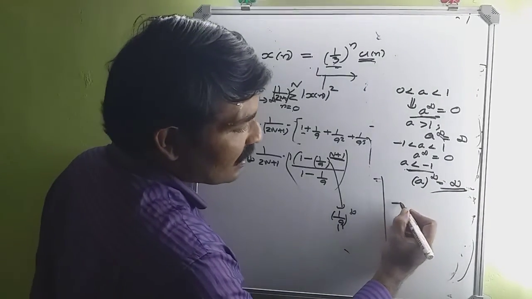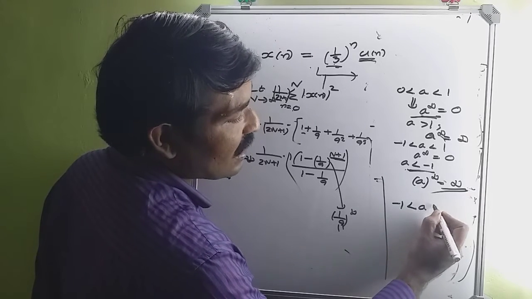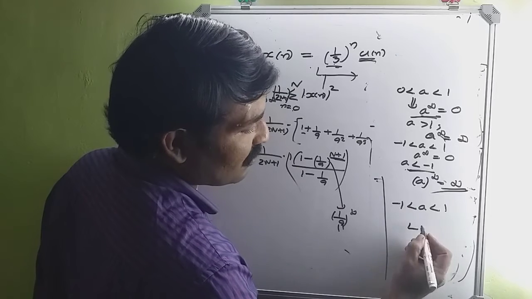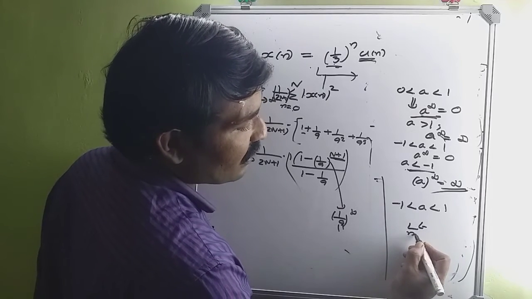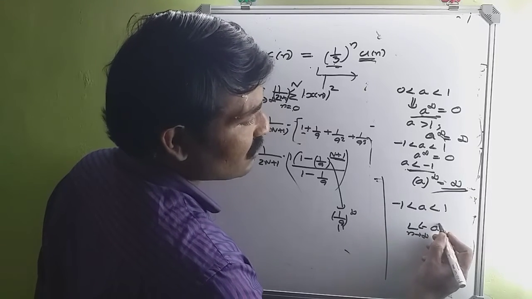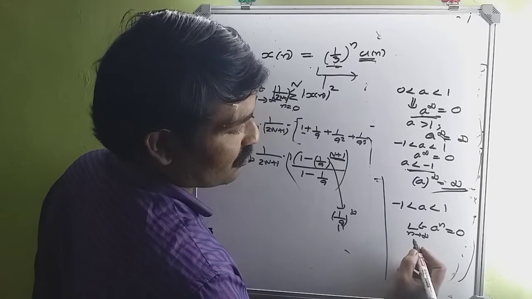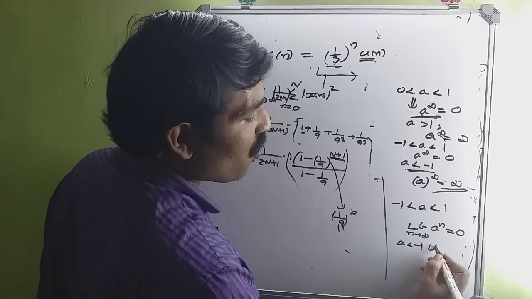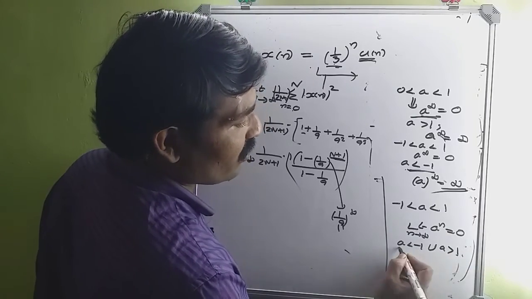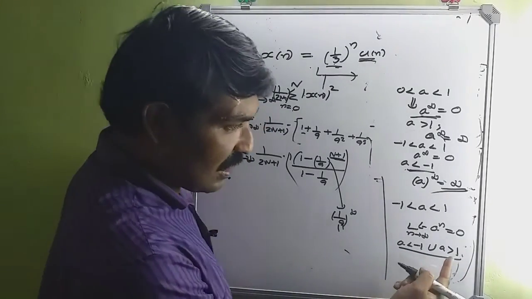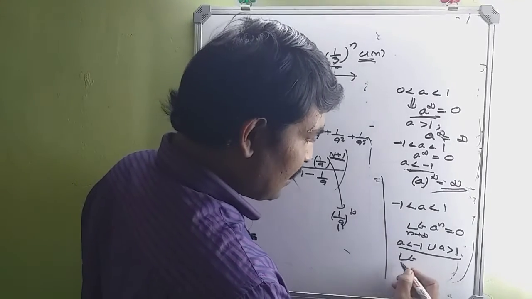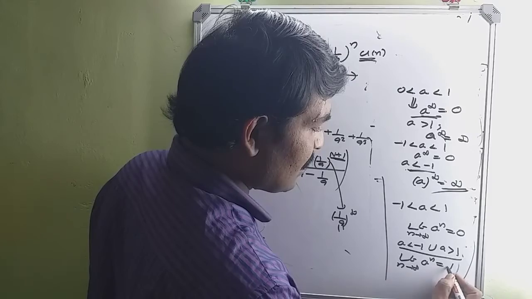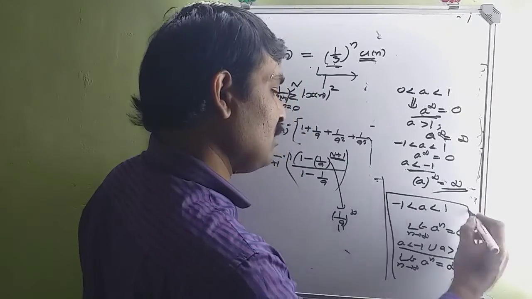So, for minus 1 less than a less than 1, limit n tends to infinity, a raised to n is equal to 0. And for a less than minus 1 or a greater than 1, limit n tends to infinity, a raised to n is equal to infinity.